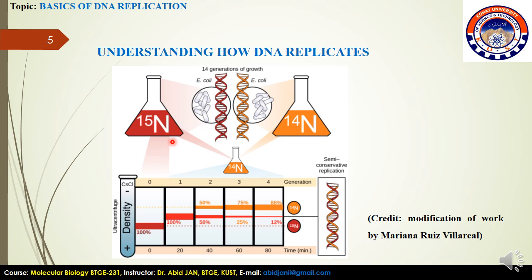The E. coli culture was then placed into medium containing 14N and allowed to grow for several generations. After each of the first few generations, the cells were harvested and the DNA was isolated, then centrifuged at high speeds in an ultracentrifuge.